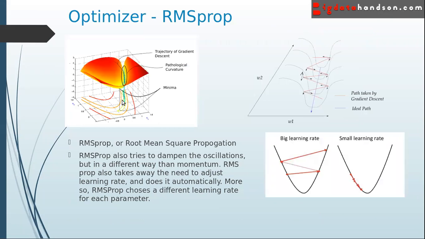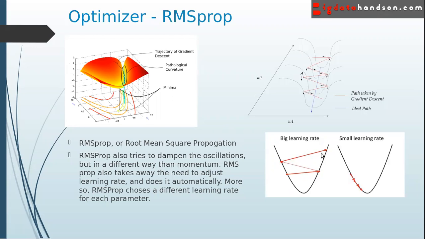We have another optimizer, RMSprop. What happens if you have this type of data set? If you try to adjust the weights with a small number of values, it will take a long time to reach the global minimum, right?